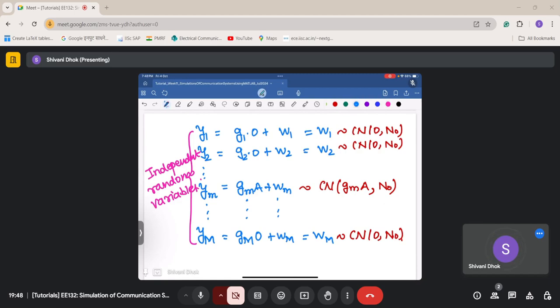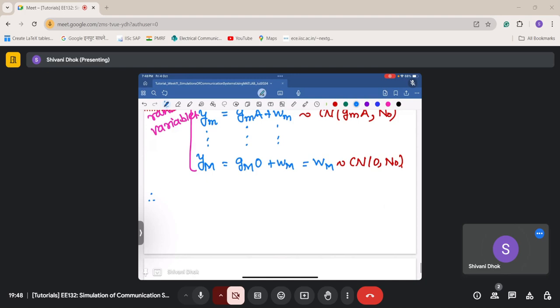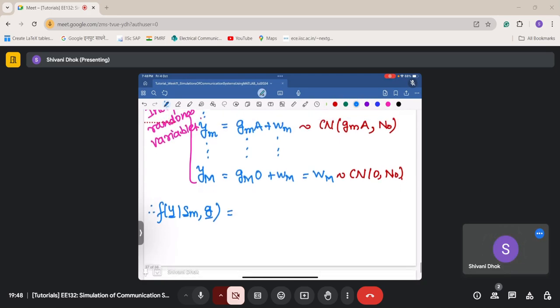Okay. So therefore, this f of y given Sm being transmitted and g is equal to simply the product of i equal to 1 to m of f of yi given Sm being transmitted and gi, since gi is just affecting the ith component.